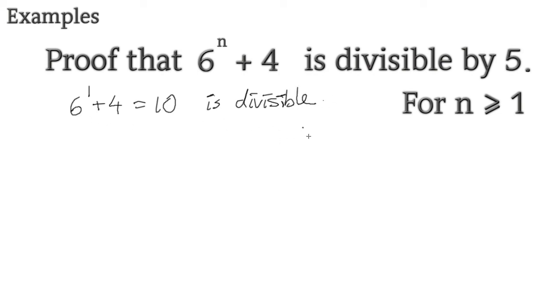With that said, we can state that 6 to the n plus 4 is equal to 5k, where k is an arbitrary number, and this is assumed true.